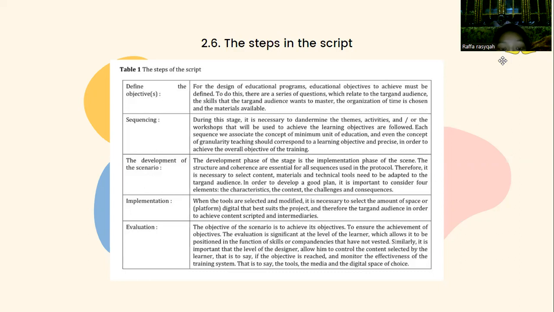To each sequence we associate the concept of minimum unit of education and even the concept of teaching granularity, which corresponds to a learning objective, in order to achieve the overall objective of the training. And then the diploma of the scenarios. After that, implementation, and the last is evaluation. You can read it on the screen.